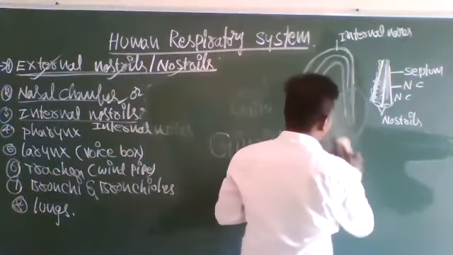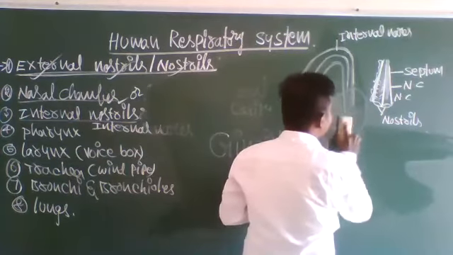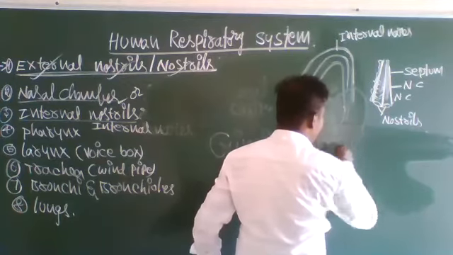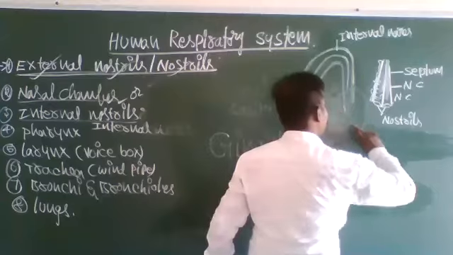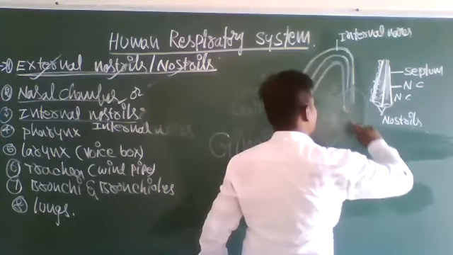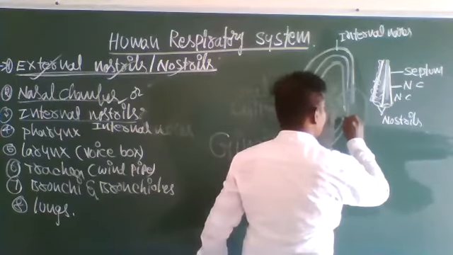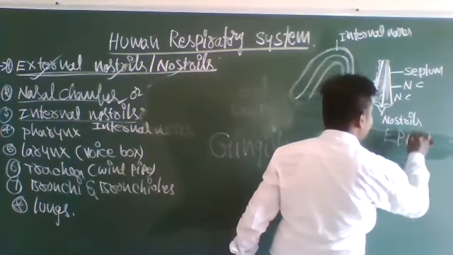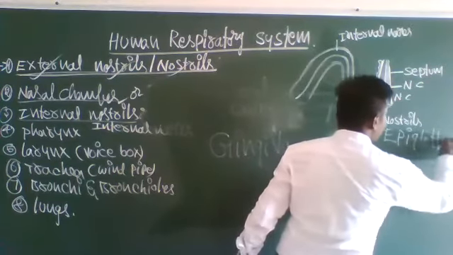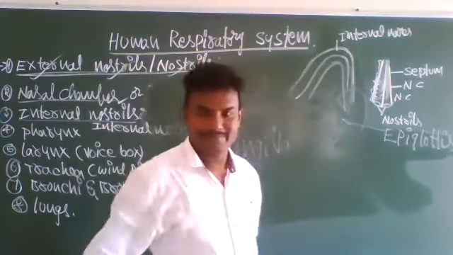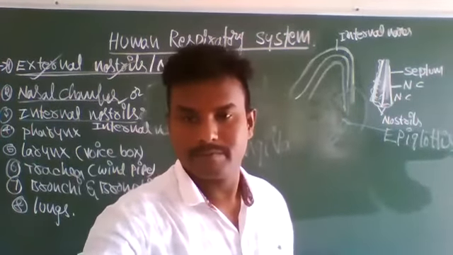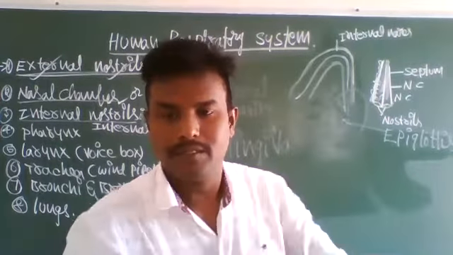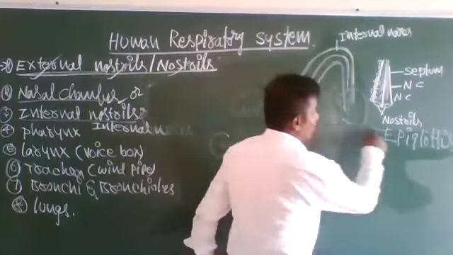So here, the cartilage is flat. This is called the epiglottis.